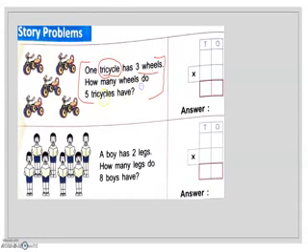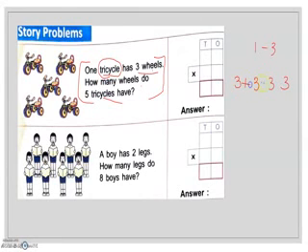How many wheels do 5 tricycles have? One tricycle has 3 wheels. There are 5 such tricycles. So for each tricycle, there will be 3 wheels. 3 wheels is the common or repeated number.